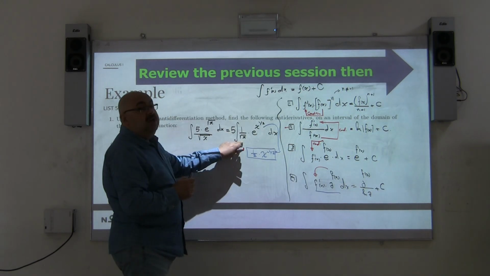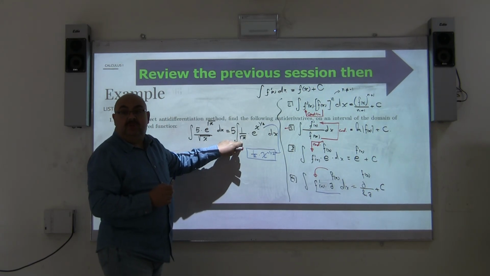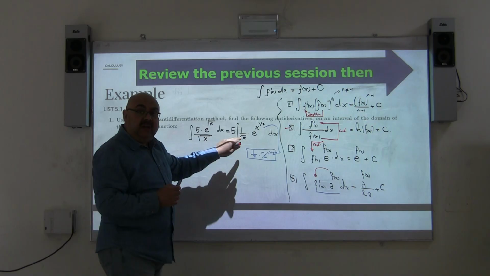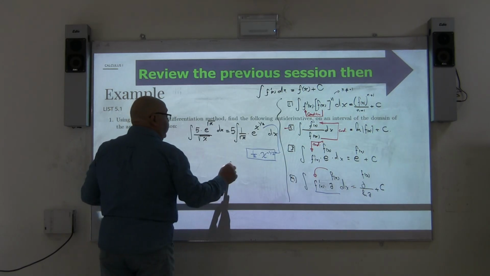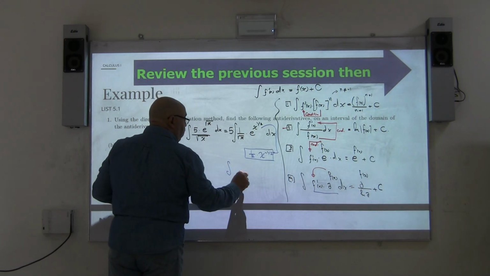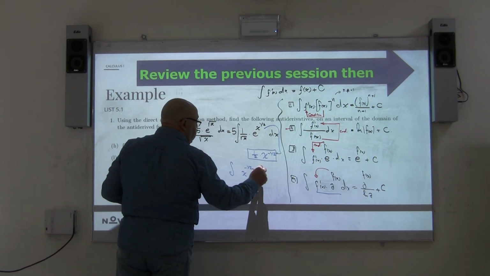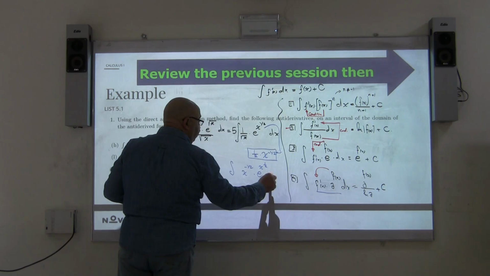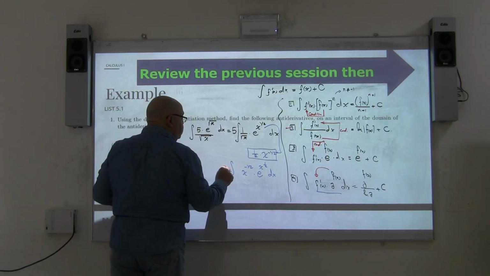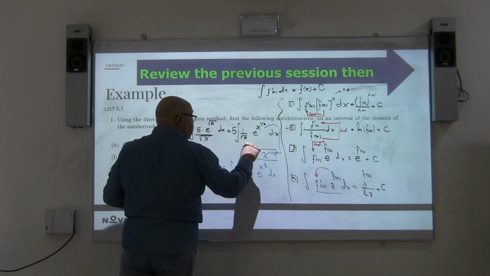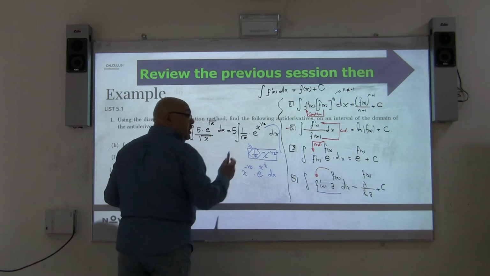It is already here, the critical part, which is 1 over root x, of course, Mr. Omar. This value is the integration of x to the power of negative 1 over 2 times e to the power of x to the power of half dx, and this is your 5. But the missing part is simply 1 over 2.